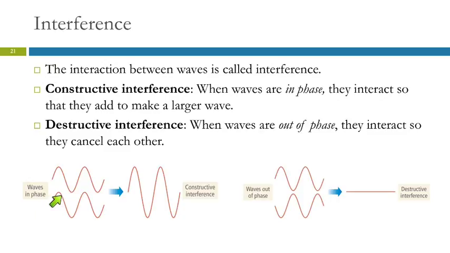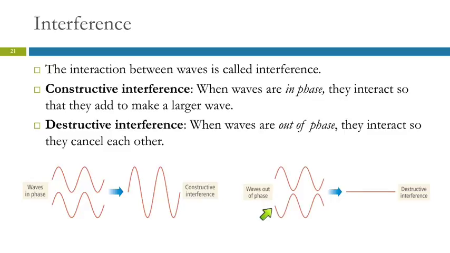What this means is that the peak of one lines up with the peak of another, and so as they're going through space, they're both at a peak and a trough at the same time. They're going together. If those interact, they will essentially add together, and their amplitudes will increase. That's called constructive interference because it makes it bigger.